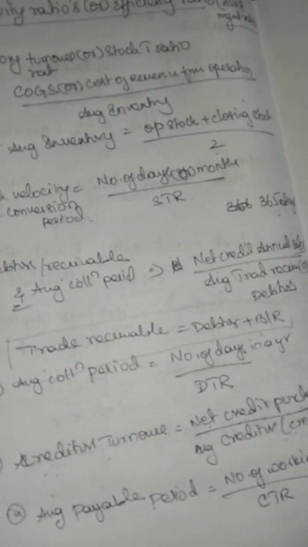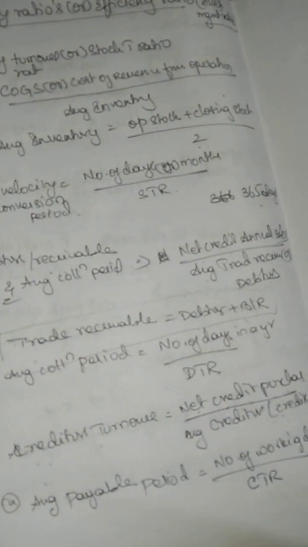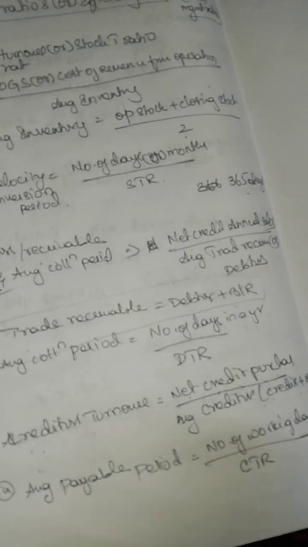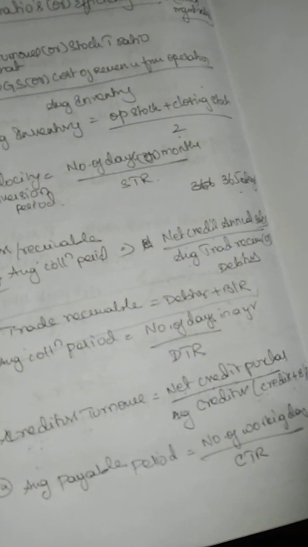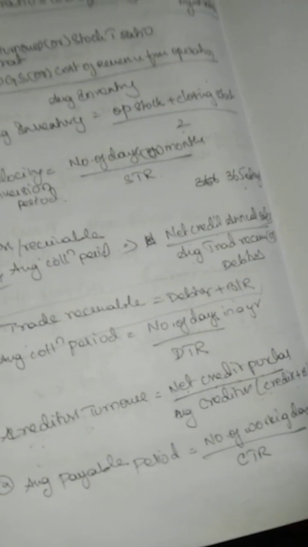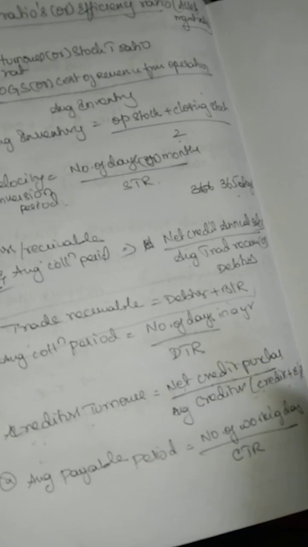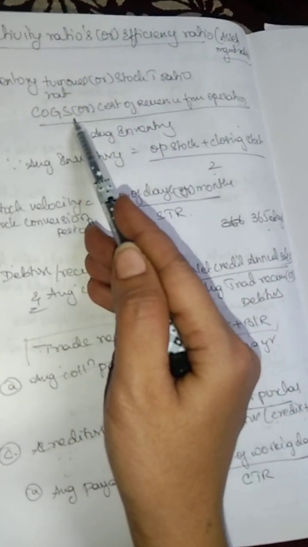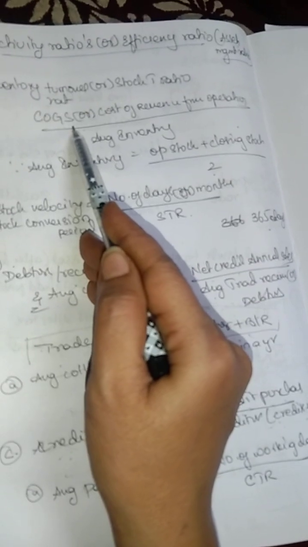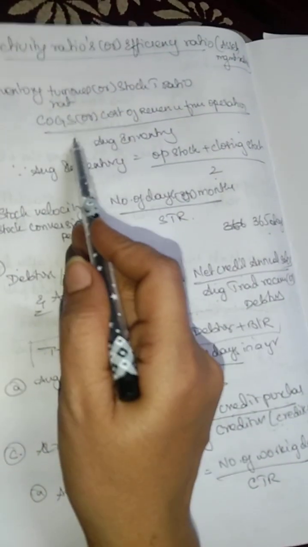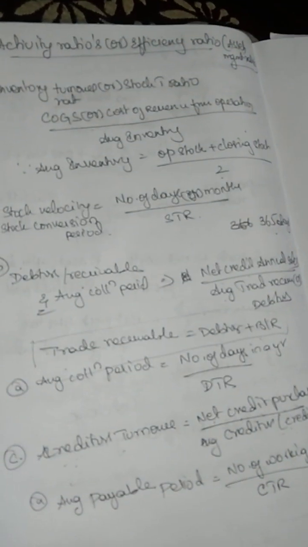If he is specifically giving you credit sales, apply credit sales in the formula. If he is not mentioning credit sales separately, then sales will be the point of substitution in the formula. So wherever it is cost of goods sold and they didn't mention it, sales will be acting as the point of substituting the values.